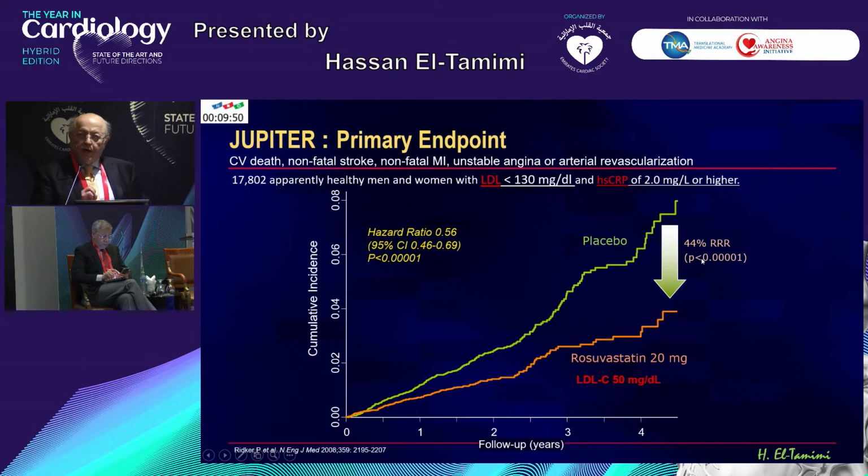This is one of the highest reductions any statin has made on a trial. Small dose, not very high LDL, so inflammation is key, and I think that adds to the mechanistic benefit of statin. It's beyond LDL, it's vascular benefit, and I think JUPITER clarifies this very well.